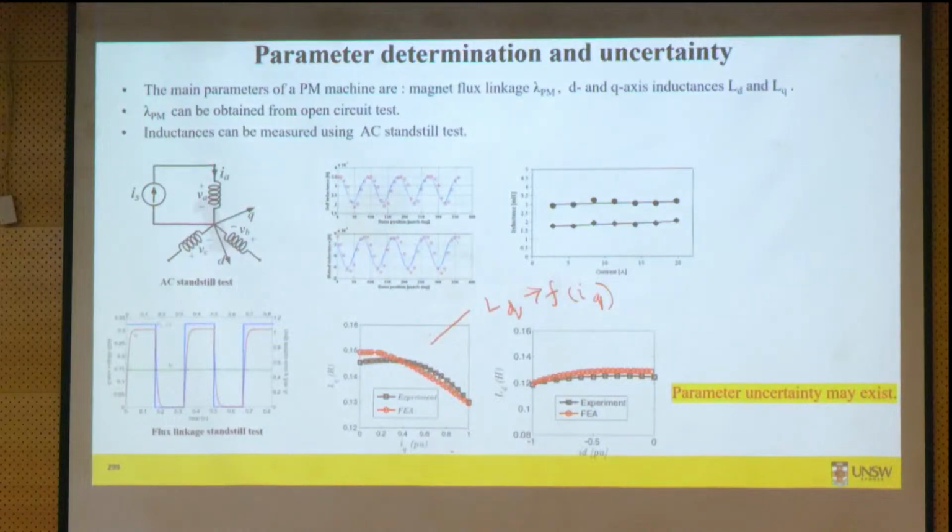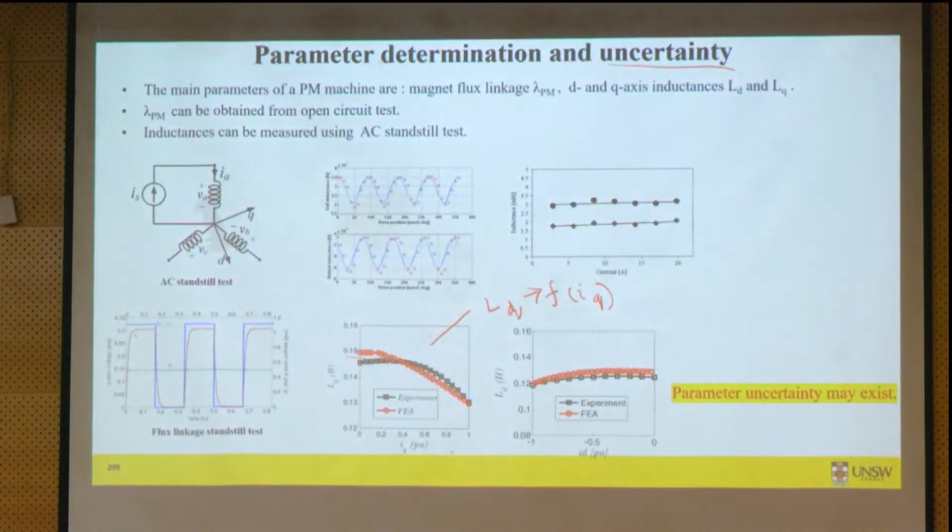But this still does not eliminate the uncertainty, because these measurements are done offline, usually under some special conditions. So we cannot guarantee that the inductance varies the same way as we have measured offline. That's why they try to do it online.